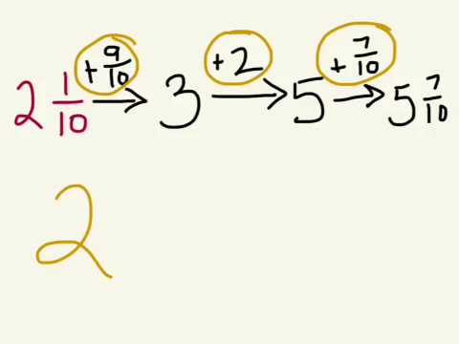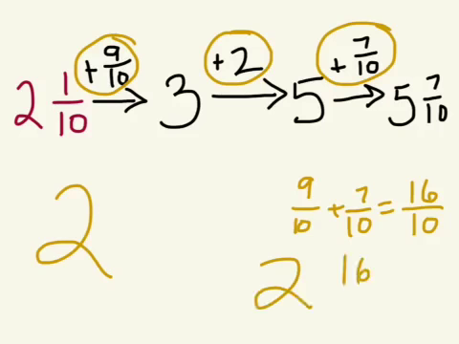And then, yikes, 9/10 plus 7/10. Okay, do some side work over here. 9/10 size pieces plus 7/10 size pieces would make 16/10 size pieces. But that's an improper fraction. I can't write 2 and 16/10. That's just funky. Although technically it is the correct amount, a math pro would never write it that way.